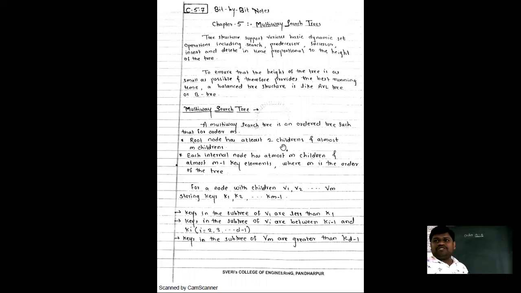Means minimum how much is required? If the order is given as 4, how to calculate the minimum children? In a multi-way search tree, we use a simple formula, m divided by 2, right?